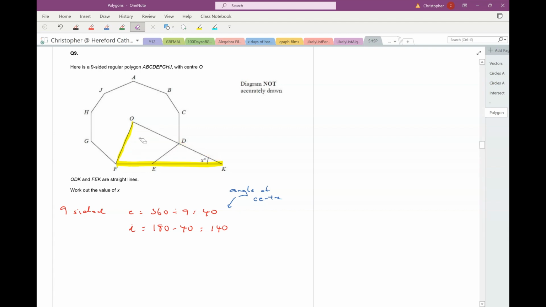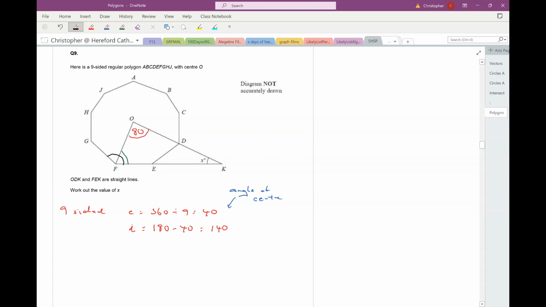Okay, now let's have a think about that. Well, if you're used to spotting angles at the centre, then you'll see that the whole angle here is 2 angles at the centre, isn't it? So that whole angle there is going to be 80, twice 40. Now, what about the angle here, which I'm marking in green? Well, that angle is half of the whole of the interior angle.